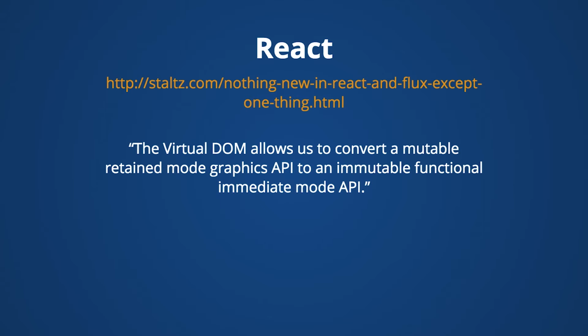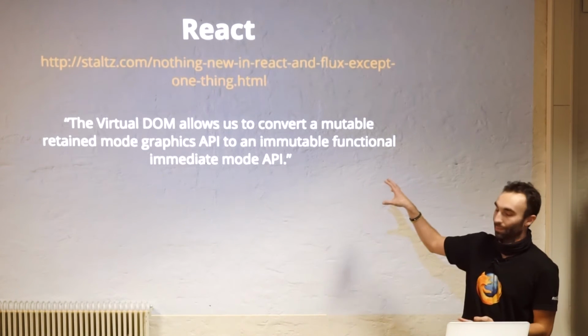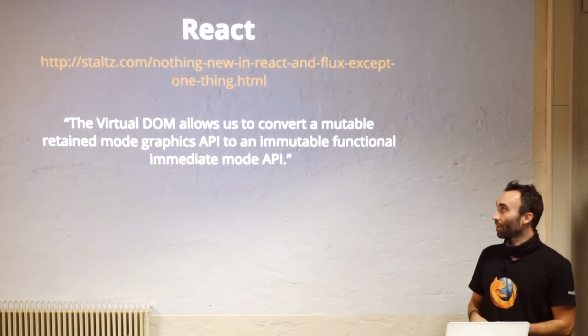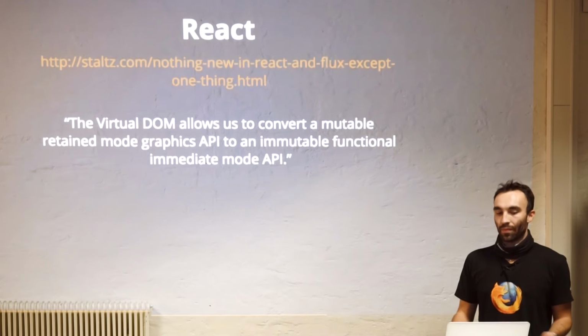If you look more deeply into how all the really hyped JavaScript libraries work today, you read a lot of things. For example, this is a really informative blog post about what makes React actually unique.